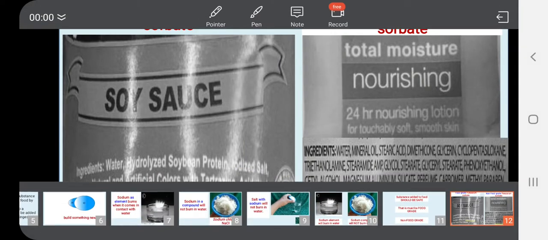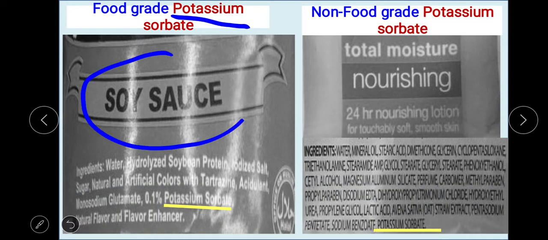Here, soy sauce is mixed with our food, right? Soy sauce is very good to mix with our food. It adds additional taste, no? It makes our food delicious.